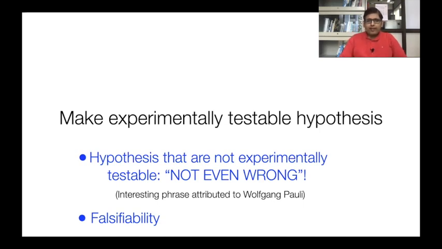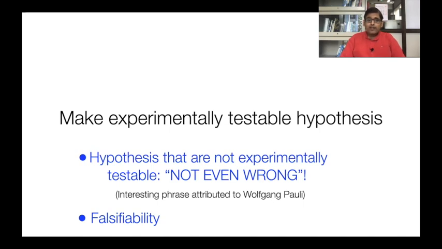There can be different kinds of hypotheses. Hypotheses can be right or wrong, in quotes, which is fine, which is a part of science. So science goes ahead by figuring out whether a hypothesis is likely to be correct or likely to be wrong, right? So it's okay to have a wrong hypothesis, but what is worse than wrong is to have a hypothesis that is not even experimentally testable.